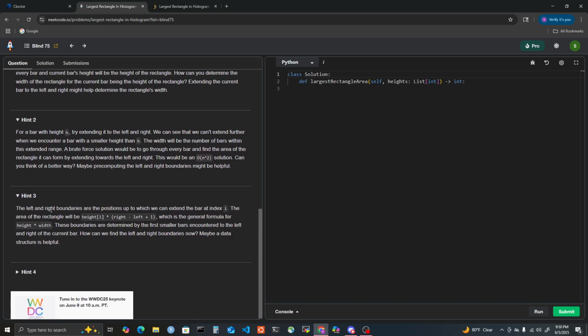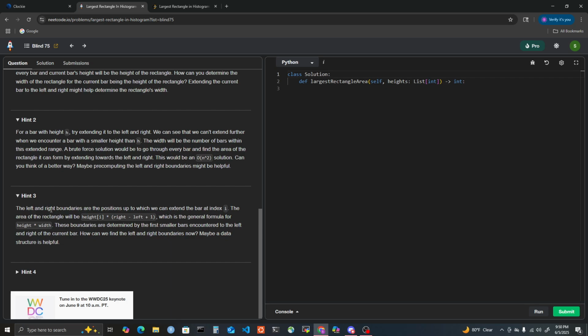The left and right boundaries are the positions up to which we could extend the bar at index i. The area of the rectangle will be the height of the current bar times the right minus the left plus 1, which is the general formula for height times width. These boundaries are determined by the first smallest bars encountered to the left and the right of the bar.